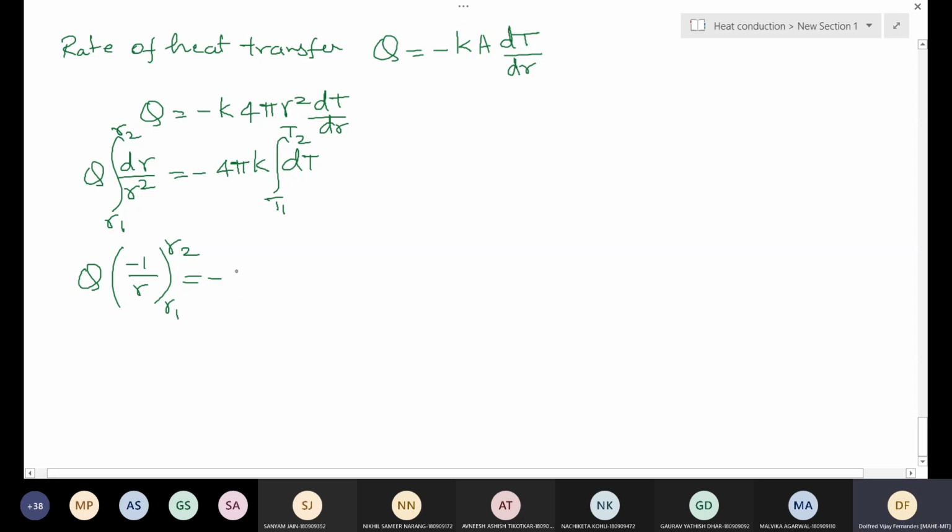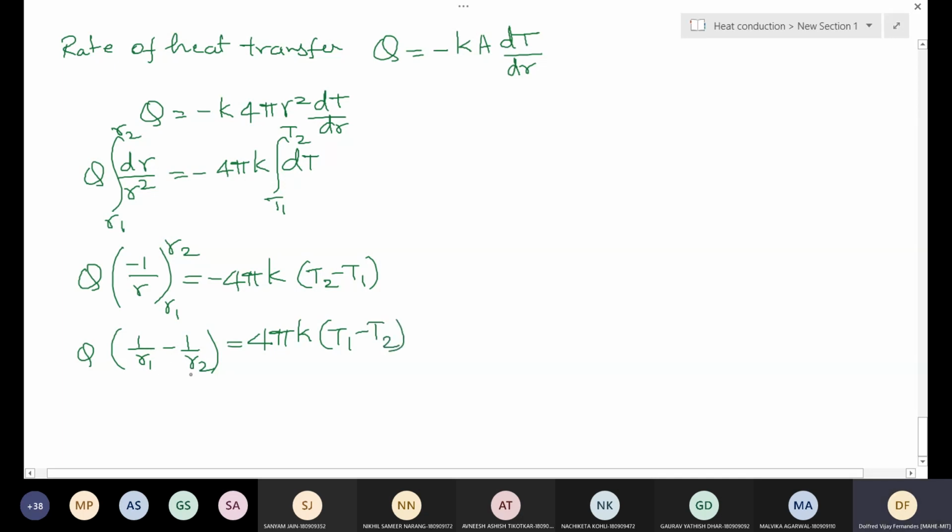So then minus 4 pi K, here we have T2 minus T1. Apply the limits for the right hand side and you can simplify. Let me write this first: 1 by r1 minus 1 by r2. I apply the lower limit first and then the upper limit, because you may have a minus sign here. Then we can write this minus sign inside, and we get 4 pi K (T1 minus T2).